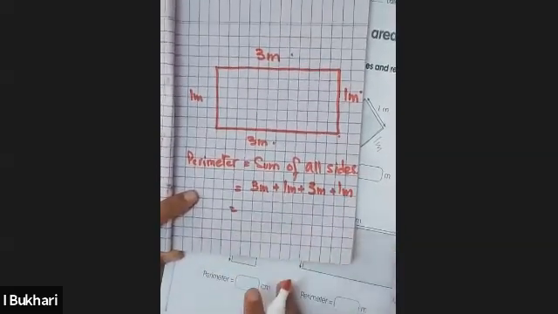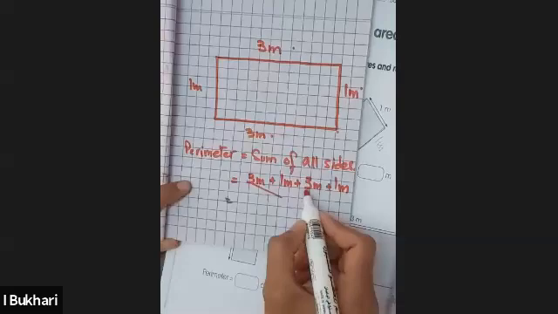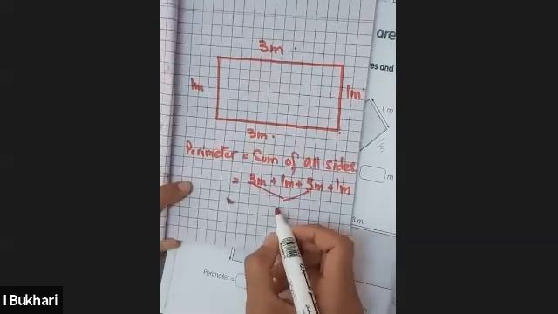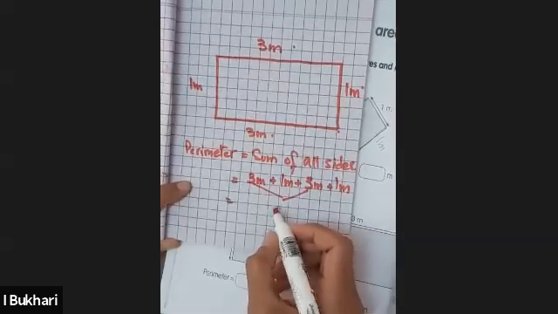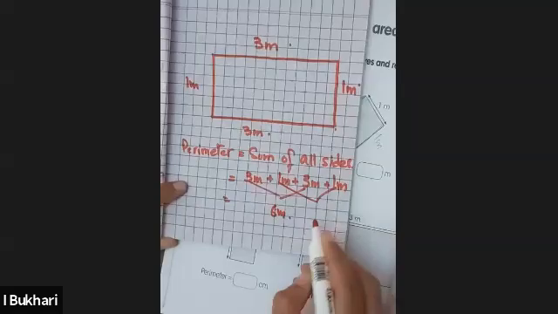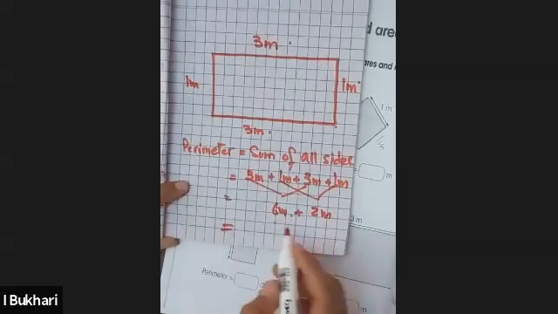So what do we get? 3 plus 3 is 6. 6 meters. Good job, Zainab. 1 plus 1 is 2 meters. 6 meters plus 2 meters?